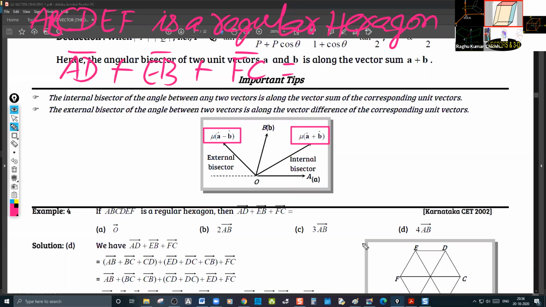The options are given in terms of AB bar. So let us write the question one moment. The entire thing is to be converted to AB bar only. Don't forget, the options contain AB bar, so you have to convert them only to AB bar.